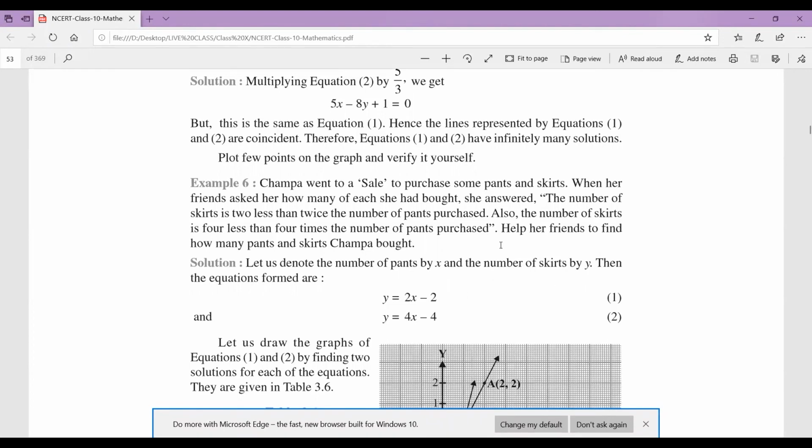Hello, anybody having any confusion, or did all of you get the same equations? Yes, Piyush?